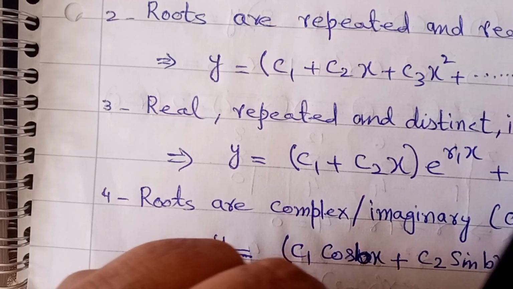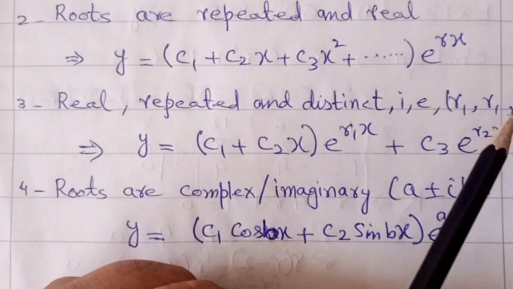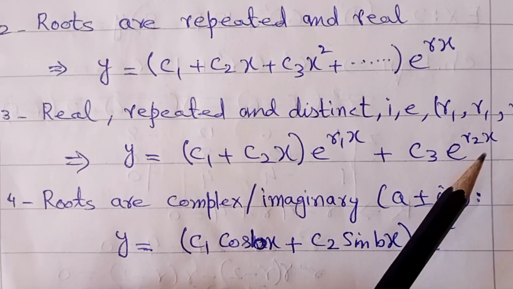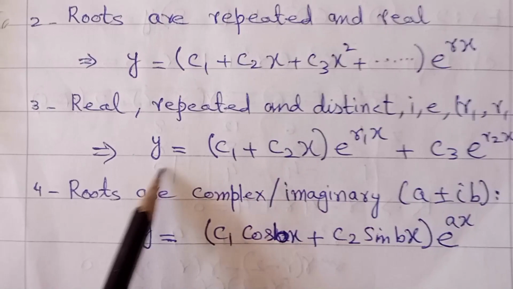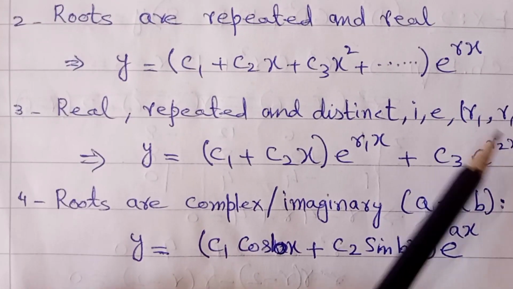The third root is distinct, so for the distinct one we have the third term, that is c3 exponential r3x. So this will be the general solution in case we have two repeated roots and one real root.